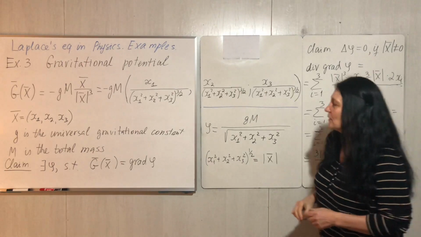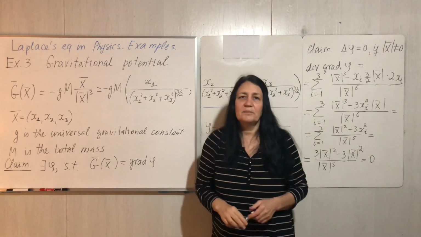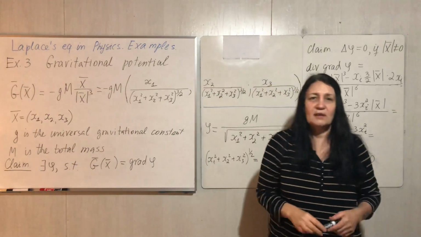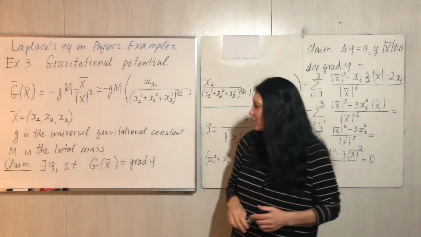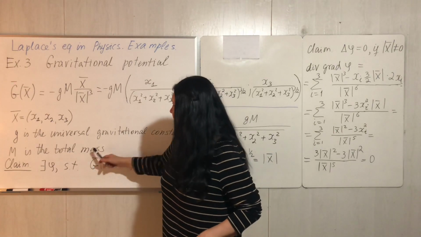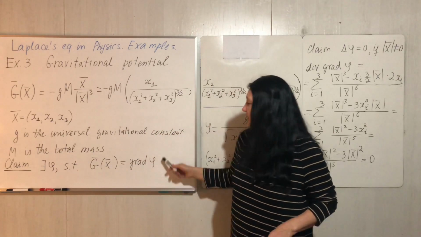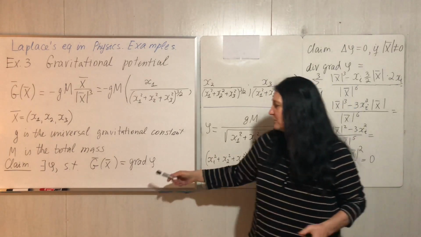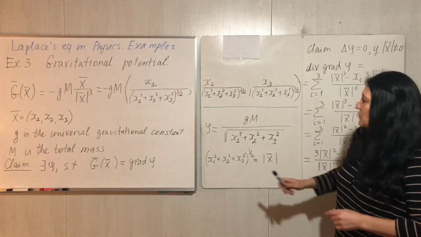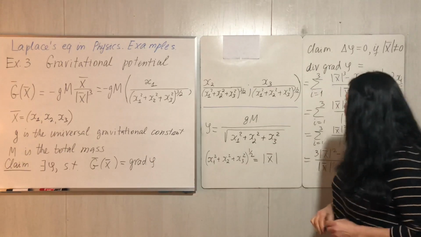And the claim is that there exists such a function phi, which is called the gravitational potential, such that we can rewrite our gravitational field using our function phi. And again, this comment about sign: I will choose a positive sign.